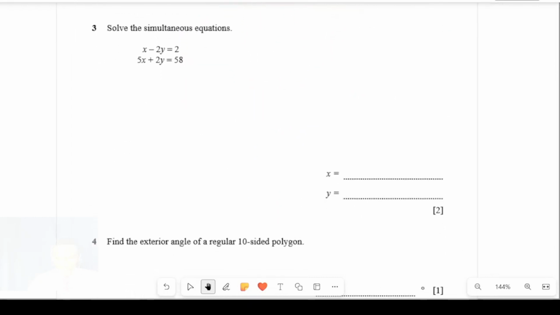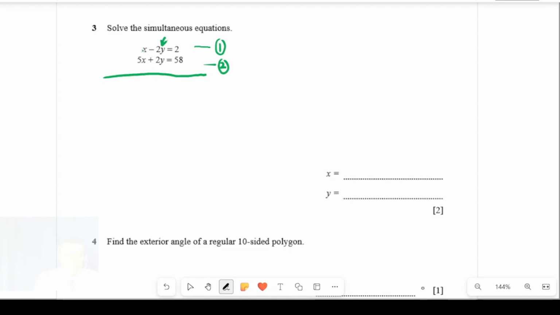So let's look at question 3. This has to do with a simultaneous equation. If you look at this equation, we can call this equation 1, and then this can be equation 2. If we solve it simultaneously, if you look at the value of these 2y, you have the same coefficient, so we can eliminate that.